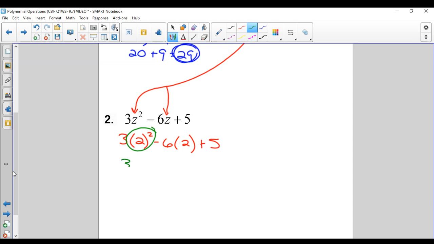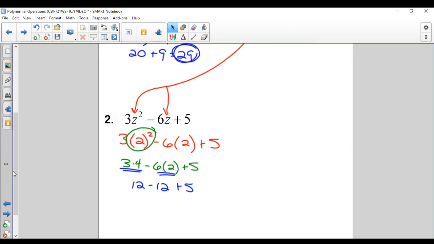Exponents first, so it'll be 3 times 4 minus 6 times 2 plus 5. We have multiplication in a couple spots. 3 times 4 is 12. 6 times 2 is also 12. So we have 12 minus 12 plus 5. 12s are gone. Answer is just 5.